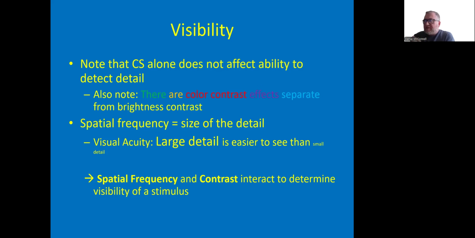Now, because I noted that color impacts brightness, color also impacts visibility, because color impacts contrast, right? So again, just like brightness values for different colored patches can be kept the same, and still some colors will appear to be brighter than others. This also means that certain color contrast effects are more noticeable than others.